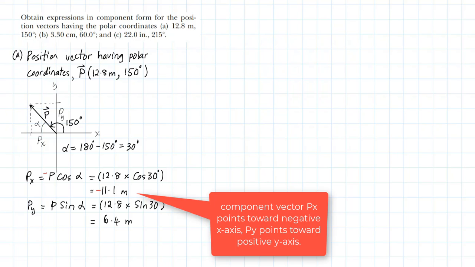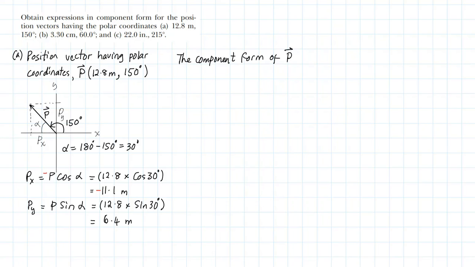Finally we can now write the component form of position vector P. We can write P as Px, Py.